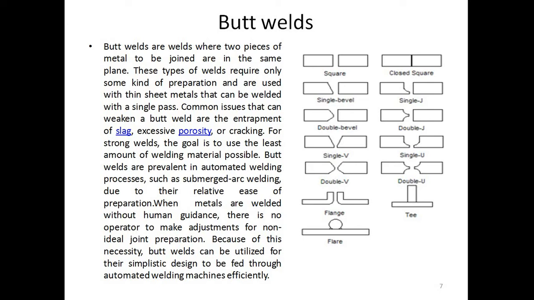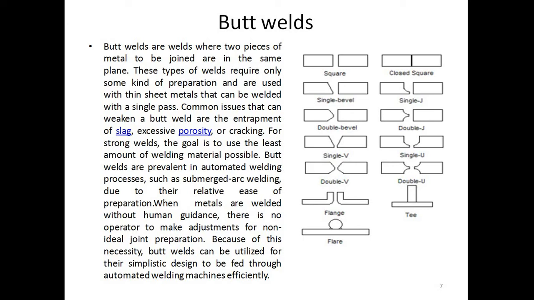Butt welds are welds where two pieces of metal are to be joined. When we are going to join two metals, in this case, butt weld is used, and these butt welds are used to join thin sheet metals and can be welded in a single pass.